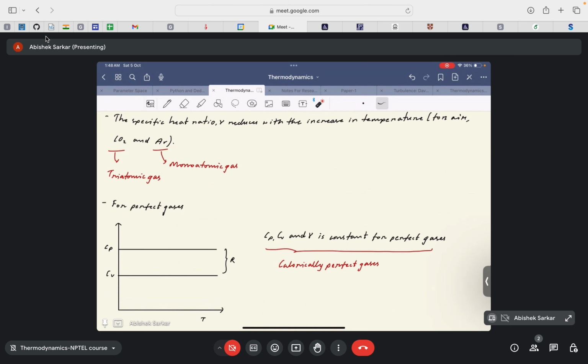You can clearly see that both Cp and Cv are independent of the temperature and are basically a straight horizontal line in the specific heat versus temperature plot. But still they hold a difference of R between them. If we take the value of Cp at a certain temperature and Cv at a certain temperature, you will find that Cp minus Cv gives you a constant value, that is R. This is the specific gas constant for a particular gas.